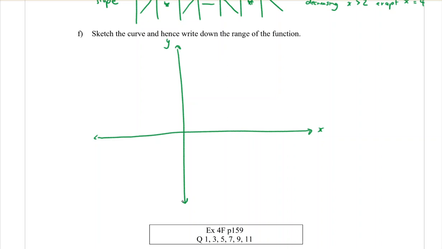We later identified those as being vertical asymptotes. So let's put those in. Vertical asymptote at x equals 0 and another one at x equals 4.